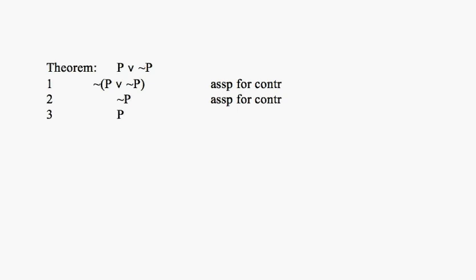I can get P or not P from 2 by addition. Now notice, I've got a contradiction. Line 1 contradicts line 3. So on line 4, I can write the perp symbol, and I can justify it by referring to lines 1 and 3, and that completes this inner indirect proof.